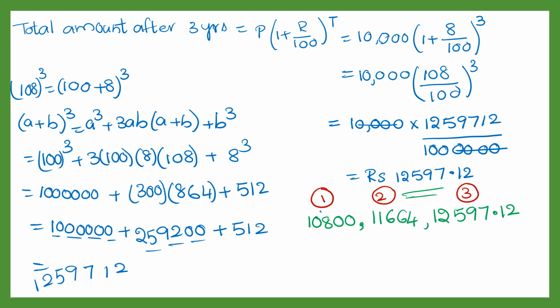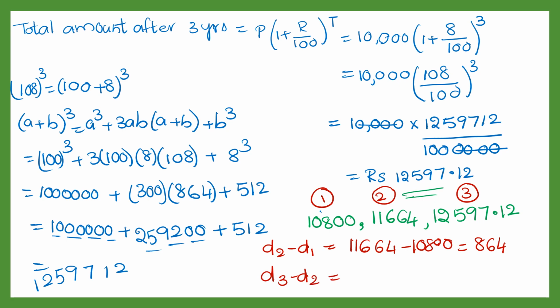Let's find the difference. D2 minus D1: 11,664 minus 10,800 gives 864. Now D3 minus D2: 12,597.12 minus 11,664 gives 933.12.